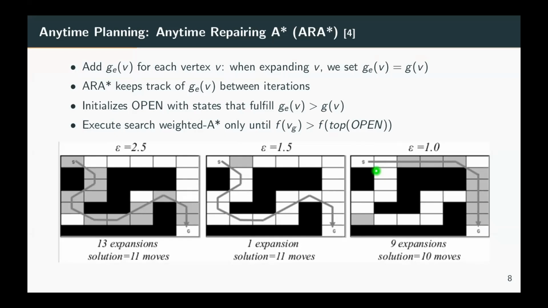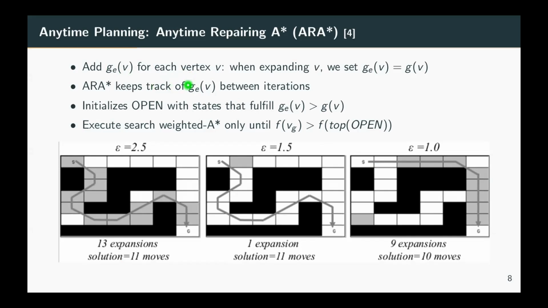In particular, we do not only have the original g values, but we also add another lookup table for the g e values, which are the g values when we last expanded that particular vertex. And between high-level iterations, we need additional memory to store this lookup table of g e values.